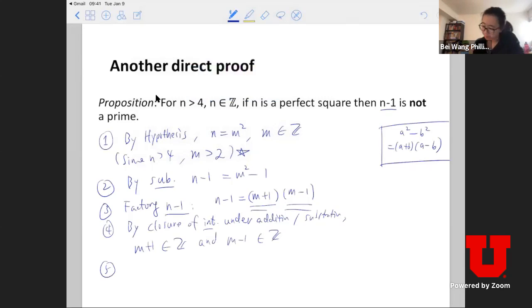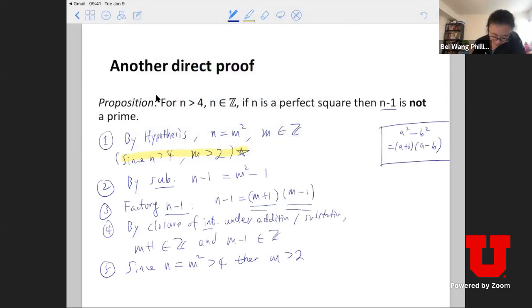The next step is where this property is going to be used: we know n is bigger than 4, right? So since n is equal to m squared, which is bigger than 4, then m is bigger than 2.